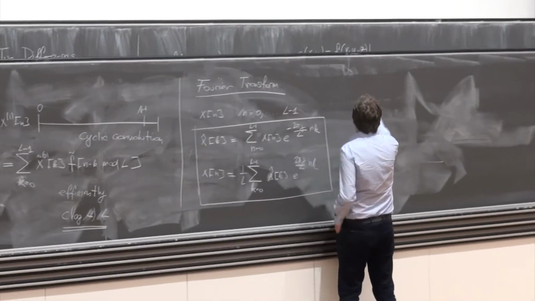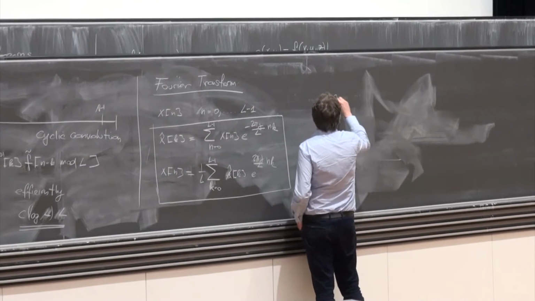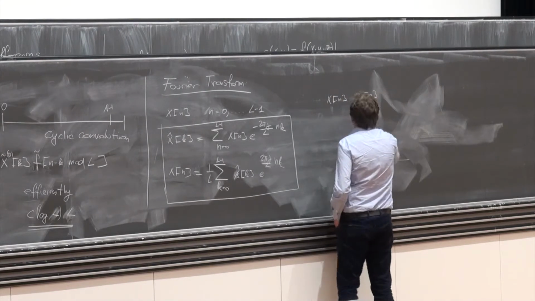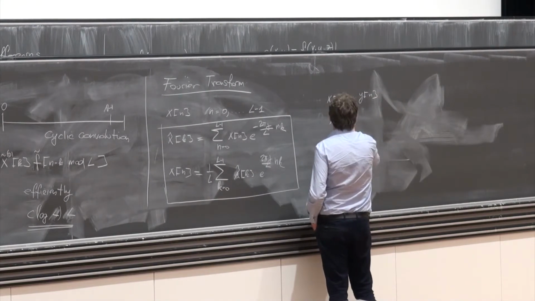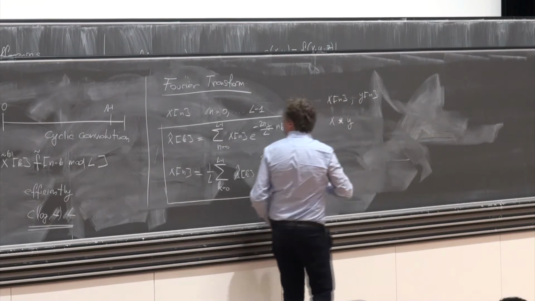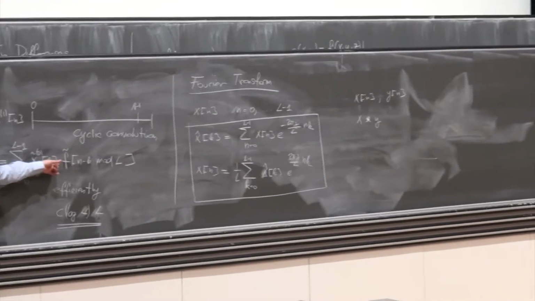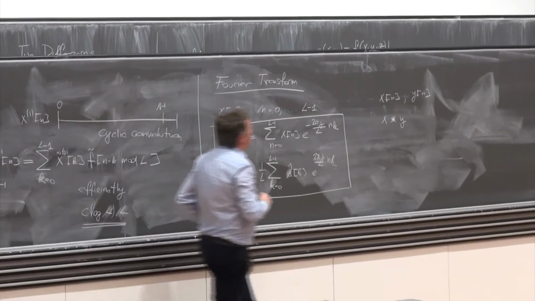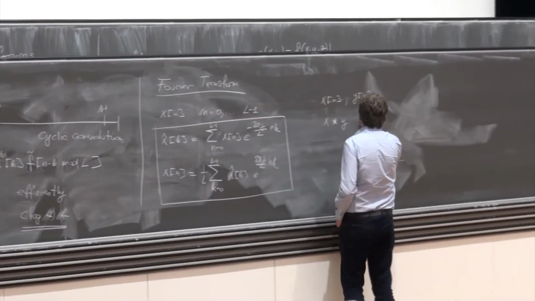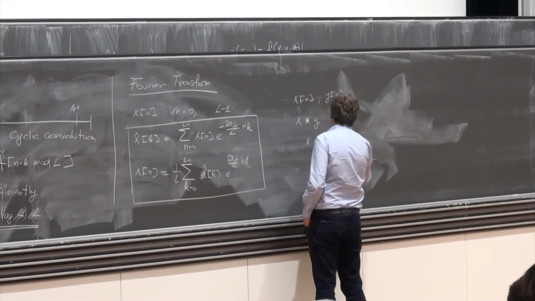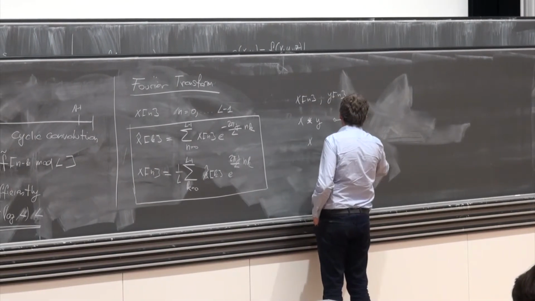So if I have a vector x and a vector y, and we write the convolution as star, where this convolution is exactly the cyclic convolution sum that I've written here, then this is the following. You take x and convert it via the Fourier transform to x hat.